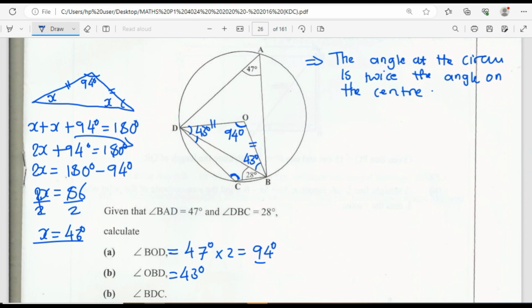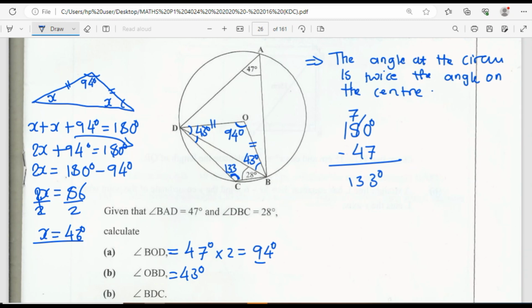So to find angle C, we can subtract 47 from 180. So let's subtract 47. 10 minus 7 is 3, 7 minus 4 gives us 3.